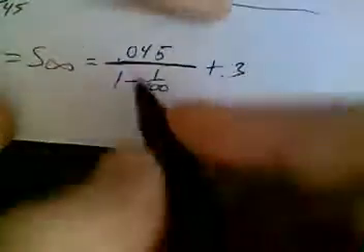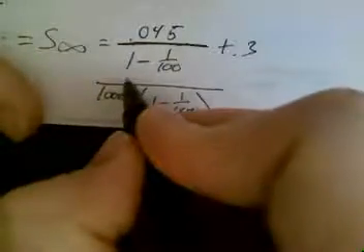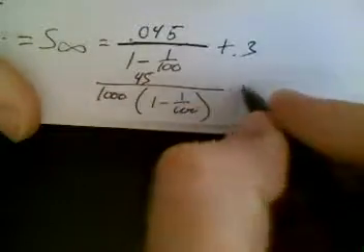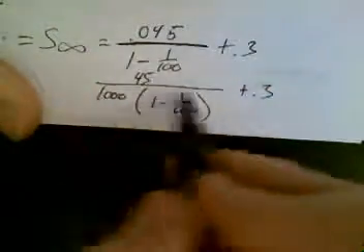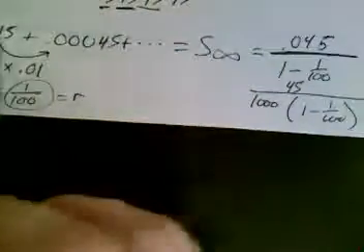I'm going to move this decimal place over 1, 2, 3 times. That means I'm going to multiply the bottom and the top by 1,000. Doing so will give me what I need to find that end result value. Because I'm running out of time, I've only got about 10 seconds left, I'm going to stop this. You can, again, do this in your calculator, but I need to see all these steps.